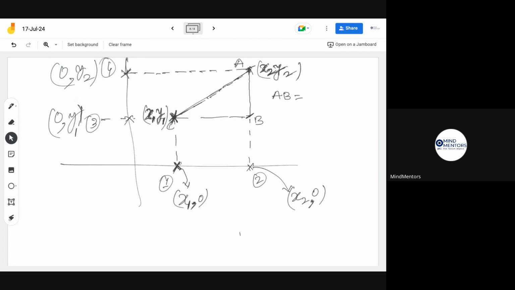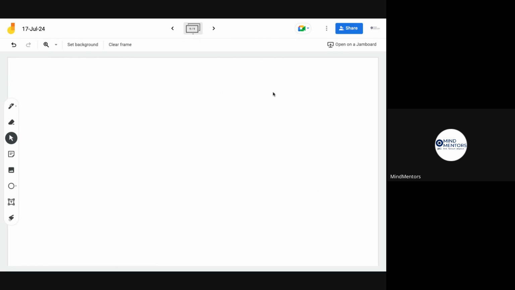Do you get my point, guys? If I change the diagram a little bit and say there is this point which is 3, 4, and I draw a perpendicular from here and here, can you tell me what will be the coordinate of this point?